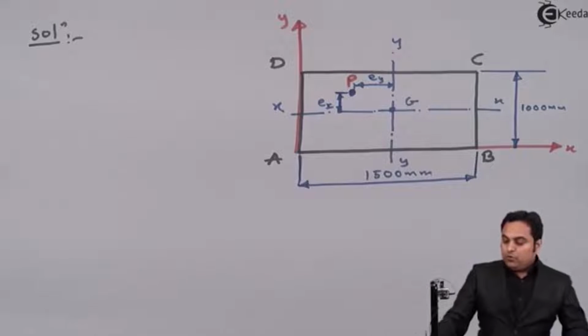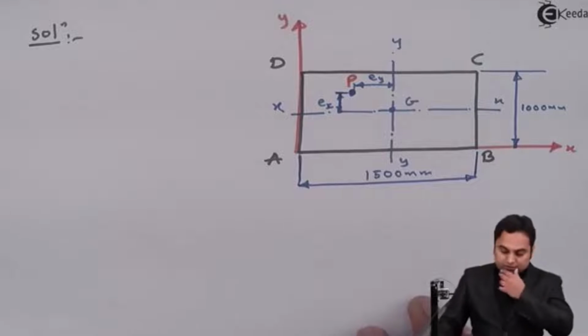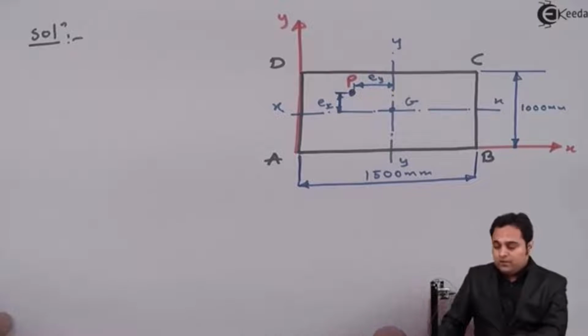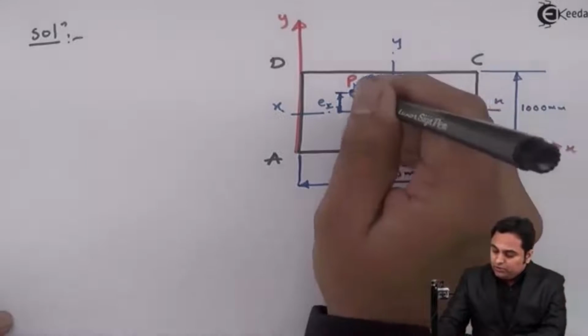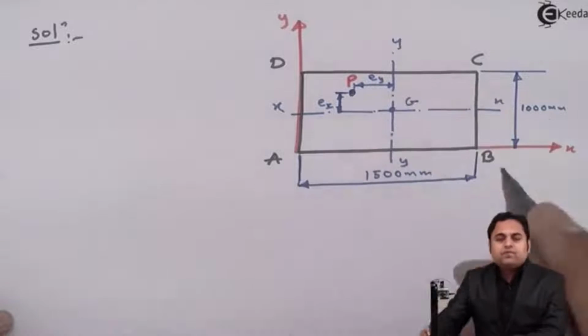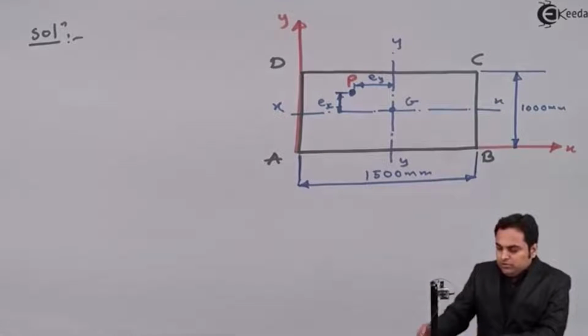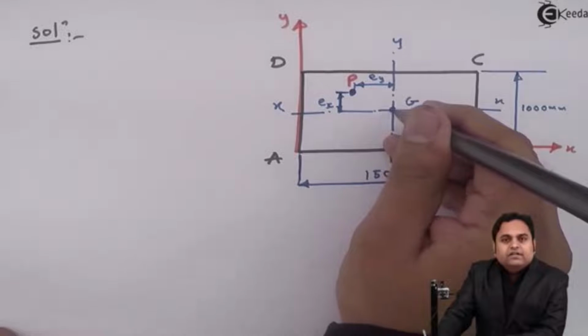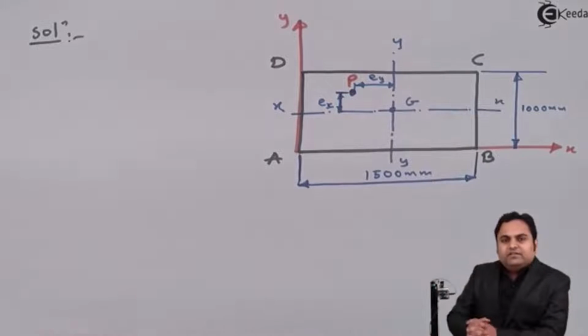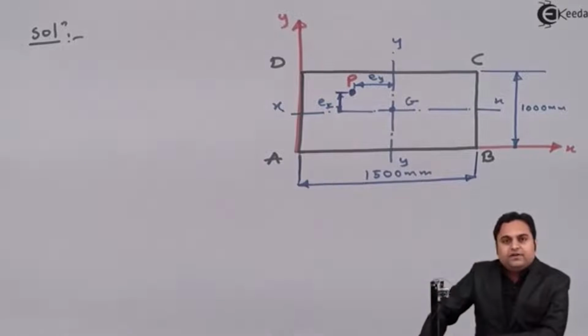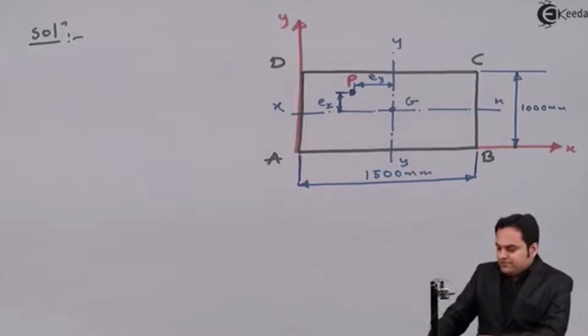Now when we want to find the stress on the faces, it is clear that the load is not on the axis. If the load would have been on this axis, then we can say that the rectangular column is subjected only to compression. But here, since the load is eccentric, this column is subjected to both direct as well as bending stresses.